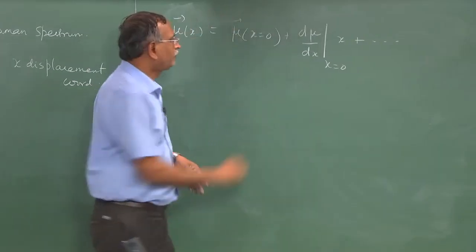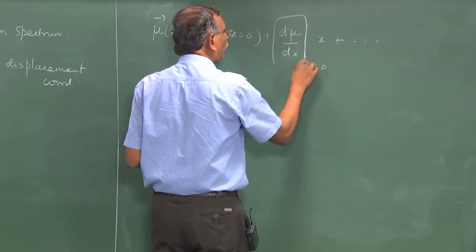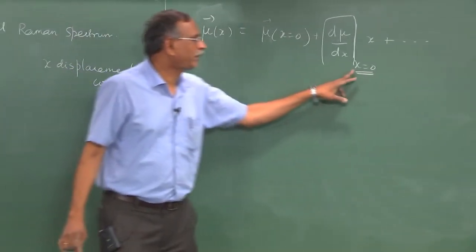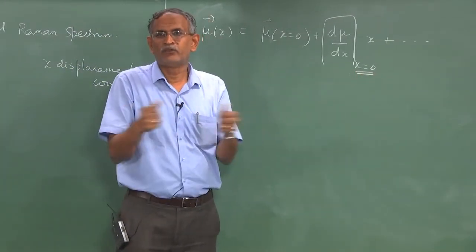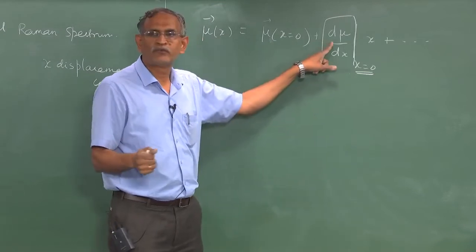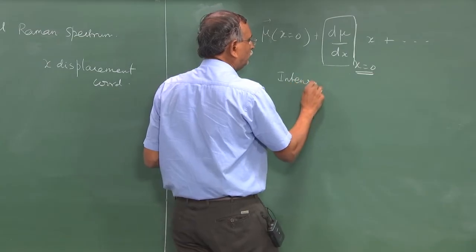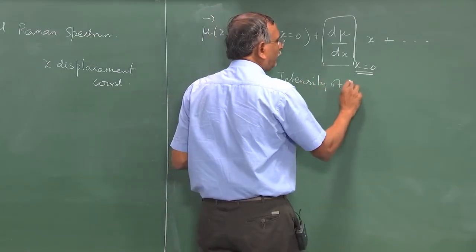Okay. It is this rate of change of dipole moment evaluated at the equilibrium geometry that is responsible for the intensity of infrared spectra.